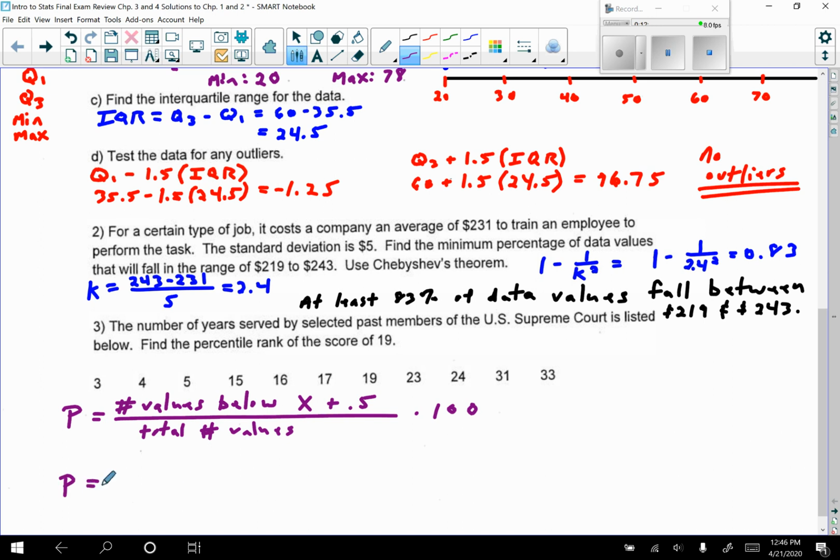So if we look at 19, we don't include the 19, it's just the number of values below that. There are 6 values below, plus the 0.5. We have 11 values altogether, then times 100 gives us 59. So we're looking at the 59th percentile.